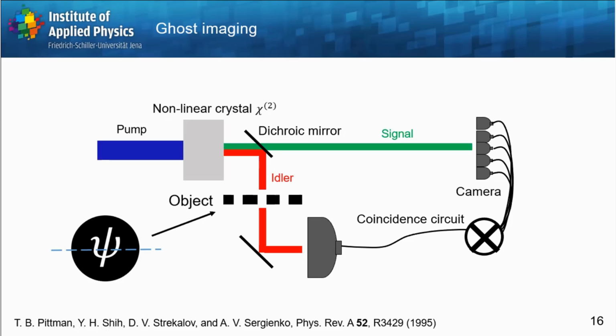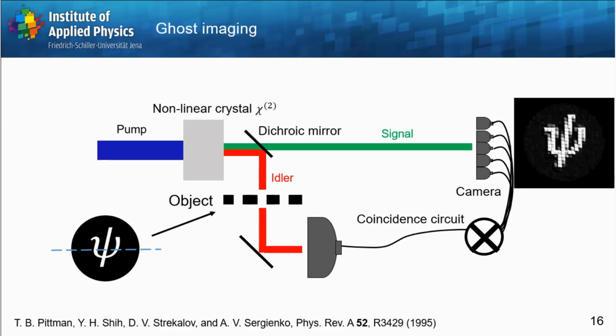But if the idler got absorbed, like in the second case, and the signal goes through, it's not a coincidence, because there is just one photon coming from one source. And this is what it does. So taking into account these coincidences, you can retrieve the object on the other side.